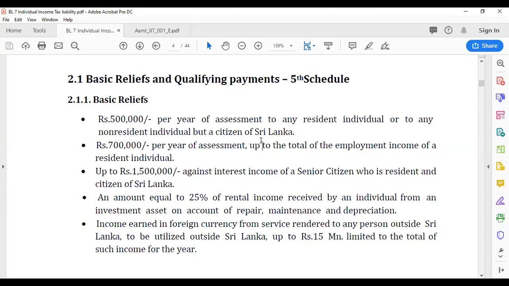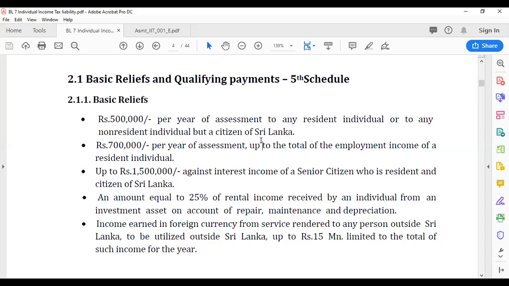700,000 per year of assessment up to the total of employment income of a resident individual, right? We will discuss in detail when we calculate taxable income. So there are some limits, right?